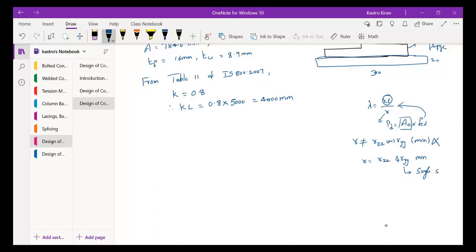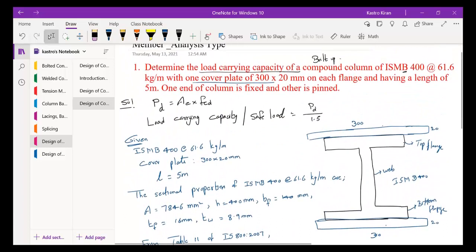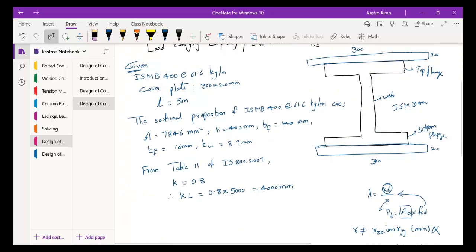It can be an I section, an angular section, a square section, a circular section, or a channel section, anything. But this process of selection of rzz and ryy is not applicable for built up sections, because a built up section is a combination of two or more sections.